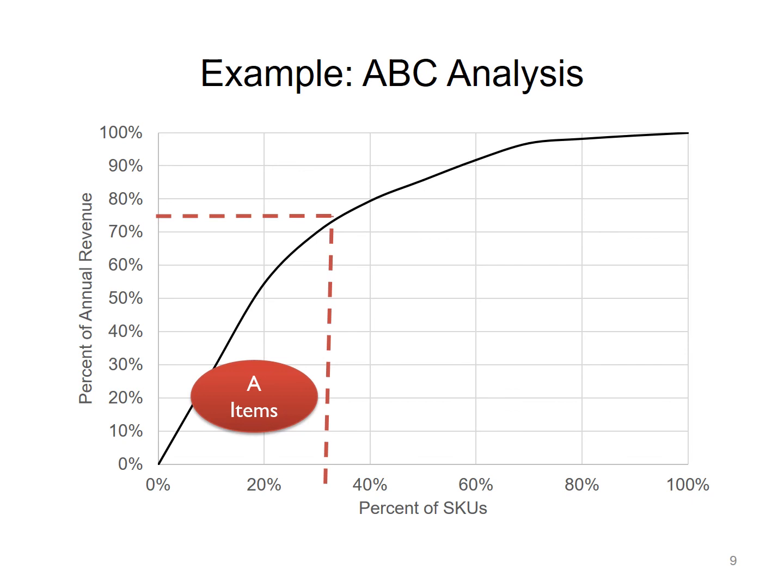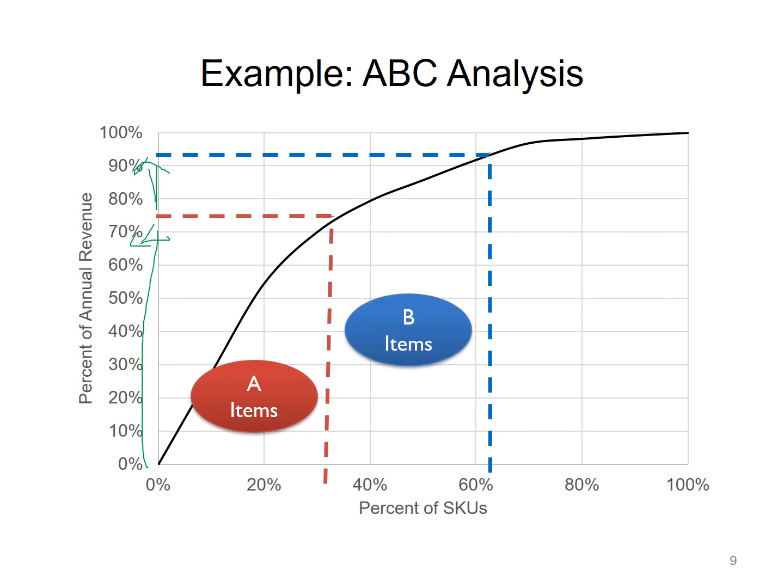For the next set, the B items, the arbitrary breakpoint was at 95%. So for the A items, the change in Y is the entire 75%, while the change in Y for the B items is only 20%, 95% minus 75. Again, only 3 SKUs fell into that. And then the rest, the C items, only make up roughly 5% of the annual revenues.